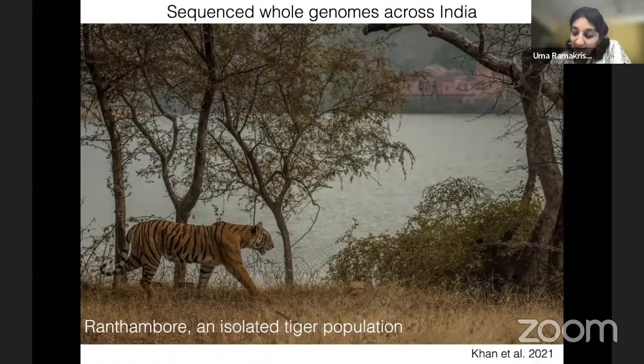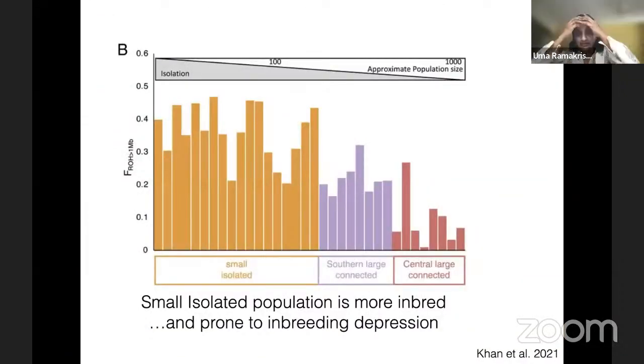So what we did was we sequenced genomes from across India, and we tried to look at inbreeding: how inbred is, say, Ranthambore, which is a small and isolated population, compared to two other populations, southern India, the Western Ghats basically, and some populations in central India, which we call larger and more connected populations.